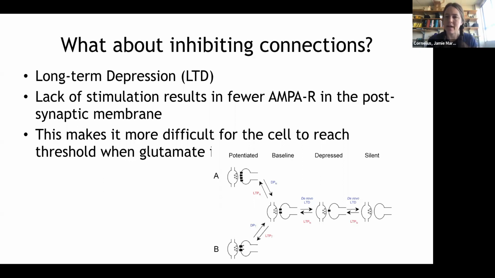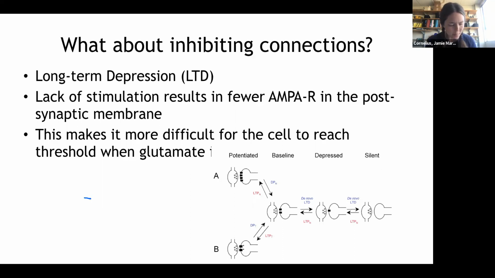And so essentially that's the opposite of what we just saw, where a lack of stimulation, the longer a synapse sits silently or with very little activity, the less AMPA the cell is going to put into the membrane. And so over time, you go from having a normal synapse that could respond to glutamate to having either a depotentiated or a depressed or a silent synapse.